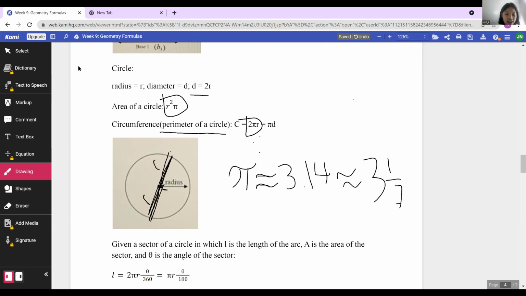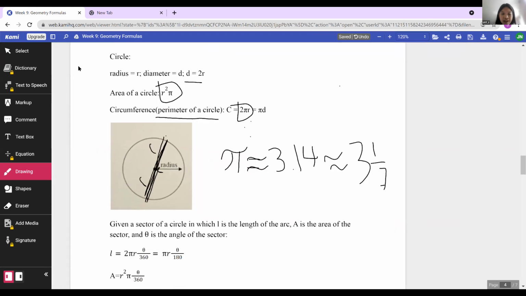Does the sign matter? Well, we just use that to denote the value of pi, because that's the exact value for the area of a circle. Or you could approximate it to 3.14 sometimes in calculations. Okay.